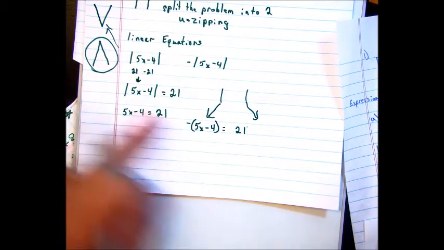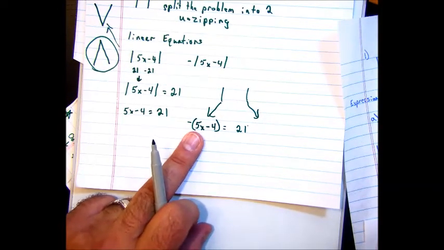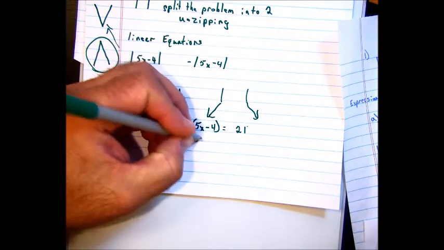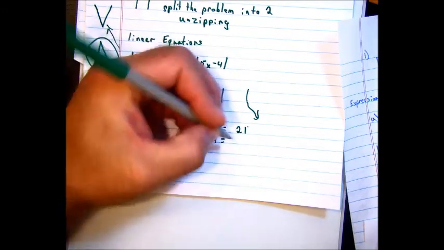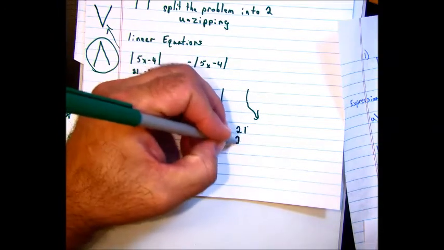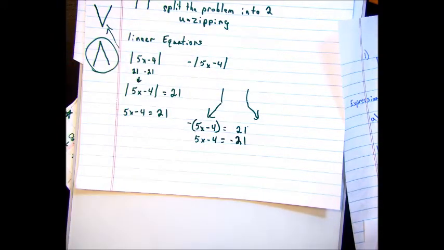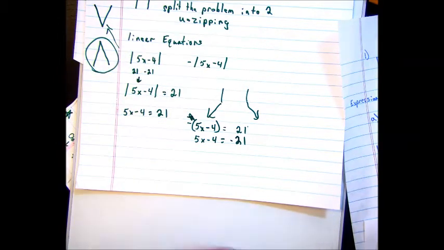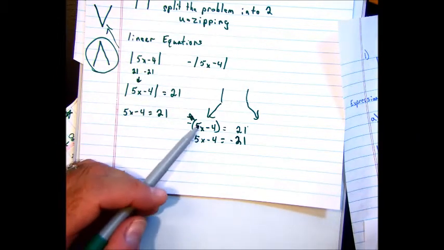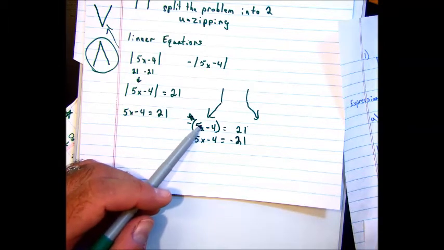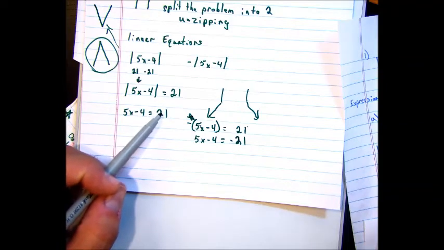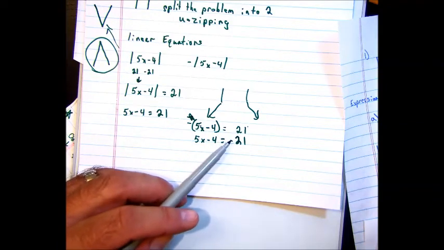This one was positive, this one was negative, and then they turn around and put the sign over here. I do not care if you skip that step. But understand, in your book, they show this step. I'm more interested in if you know that one answer could be positive 21 and one answer is negative 21.